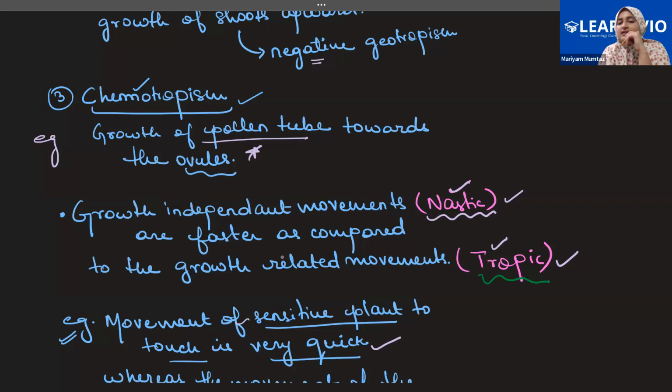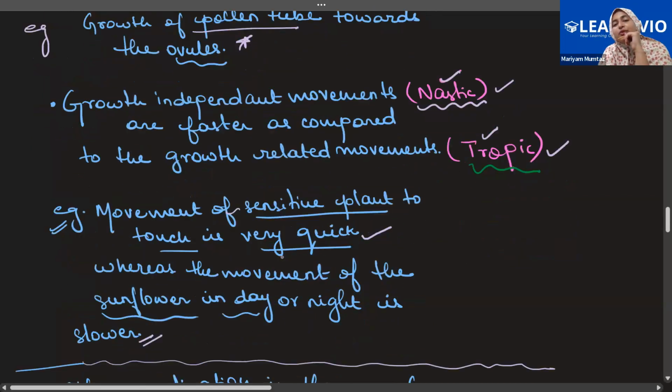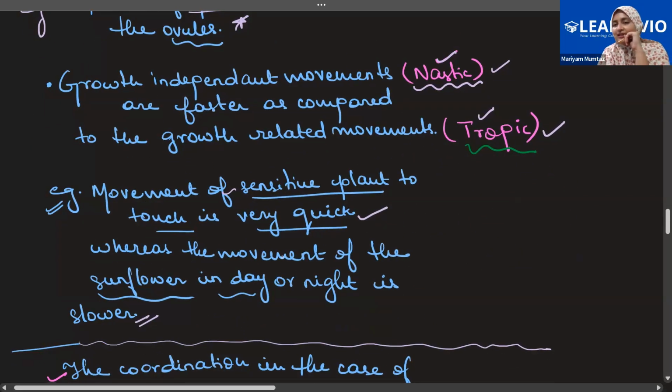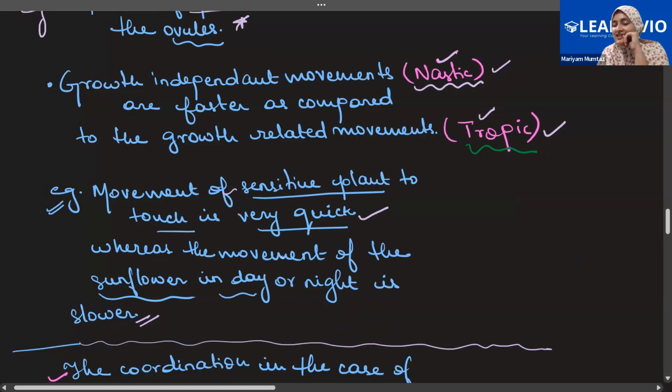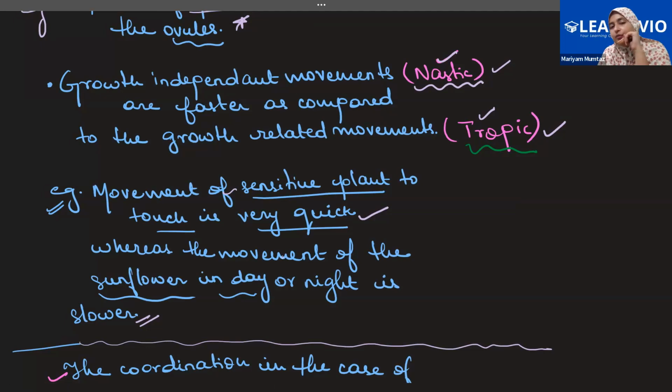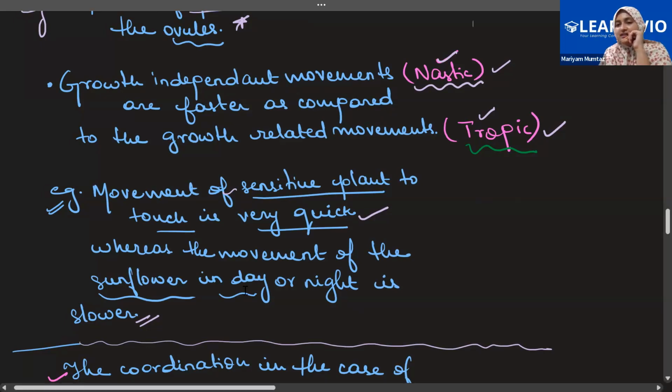Now we also discussed, I told you that if you would touch a touch-me-not plant, and if you would plant a seed, in which one would you see faster development? You people said that the touch-me-not plant will show the faster movement.